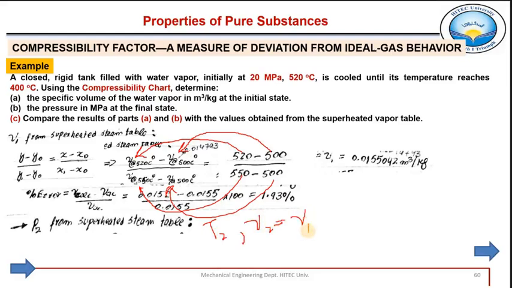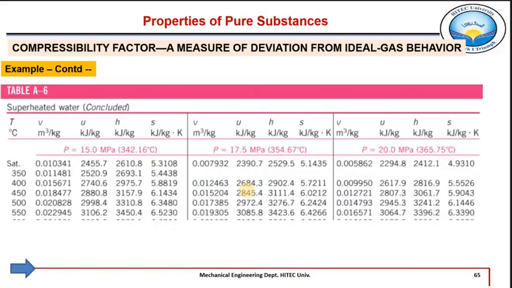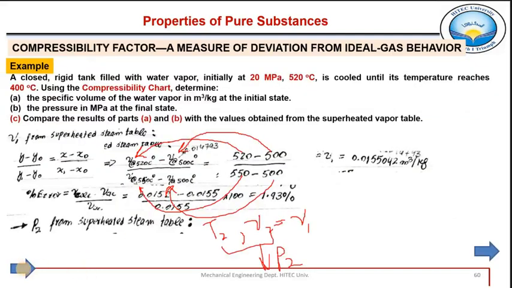Now instead of using the compressibility chart, we are using steam tables, the superheated steam table. So with the help of these 2, we need to find out P2. So let's go to the steam table again. Here is the steam table, and now V2 is given and also P2 is given.